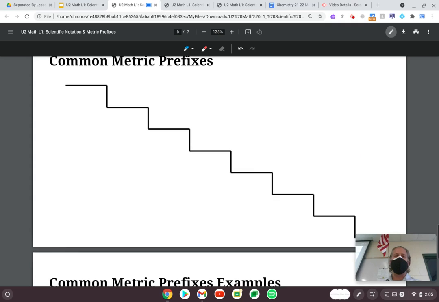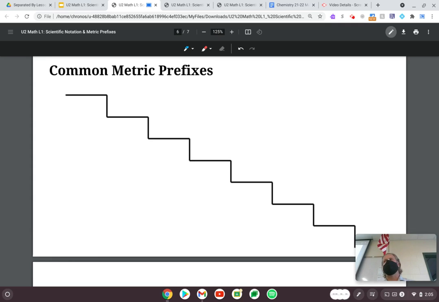Metric prefixes. When I was younger than you, I was told by the nun at the Catholic grade school that I went to that by the time I became an adult, number one, I would never have a calculator in my pocket, which is a lie. And number two, I would be using the metric system for everything, also a lie, because we still use cups and quarts and pints and teaspoons and feet and inches. Stupid things like that drive me nuts.